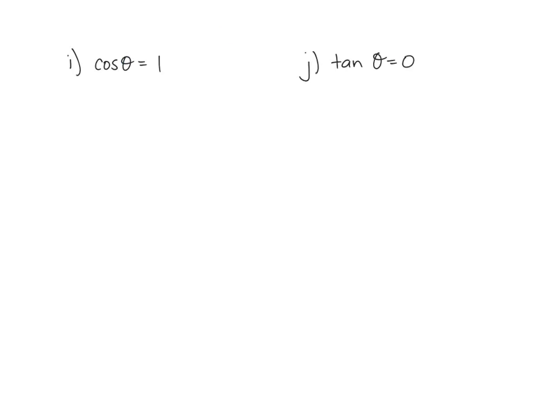If we look at the next example, we have cos of theta equals 1. So now we could think about it that cos is adjacent, and our adjacent side equals 1, that means our adjacent side equals everything, or cos equals everything. So where can it equal 1? We have adjacent values along our x-axis.